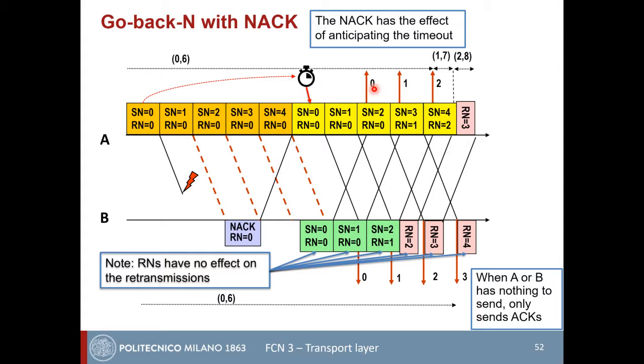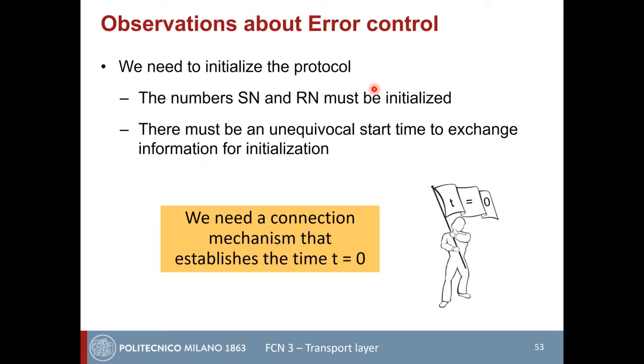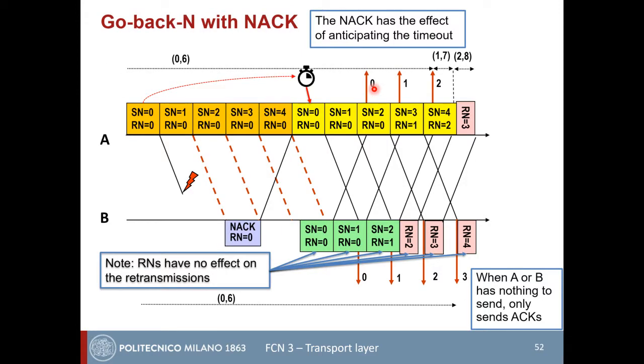So notice that these NACs in this case have no effect on the retransmissions because they don't move the window for more than one step. So this is the last example.